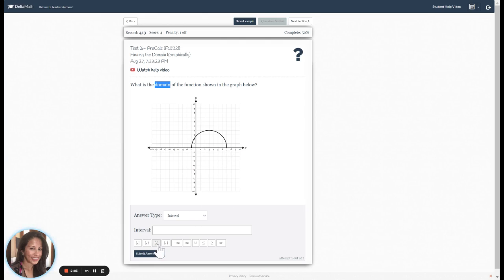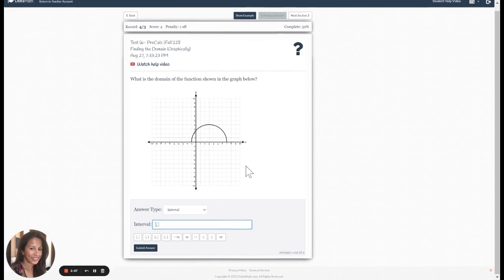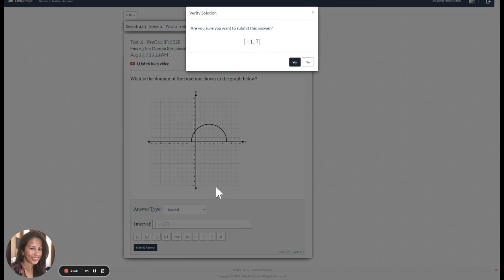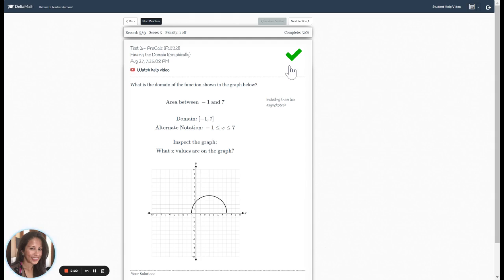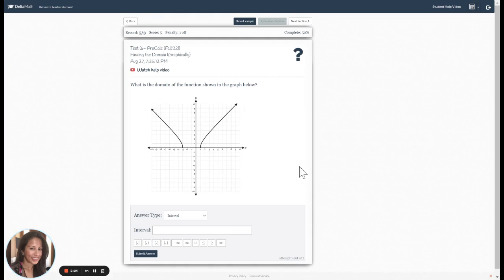Therefore, we know that these points are being included, so we're going to have brackets. So I'm going to type -1, it's going all the way to 7, and you're going to include the x values -1 and 7. And there you go.